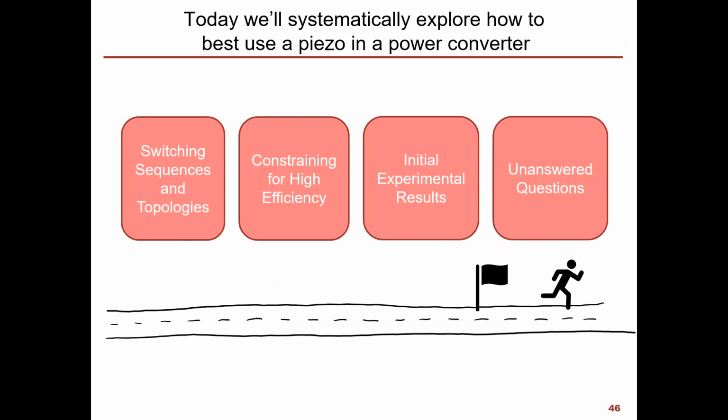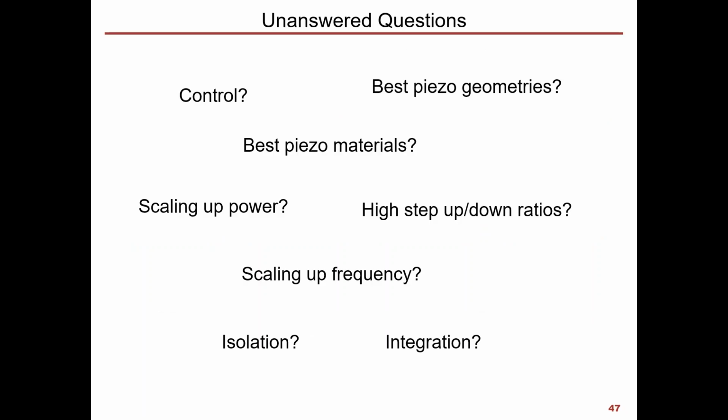Okay, so at this point, we've demonstrated that we can produce a converter based on only a piezoelectric resonator. But there are many unanswered questions going forward that we're going to have to answer to make them practical. So first off, what's the best piezo? How do we choose a piezo geometry? How do we choose a piezo material?